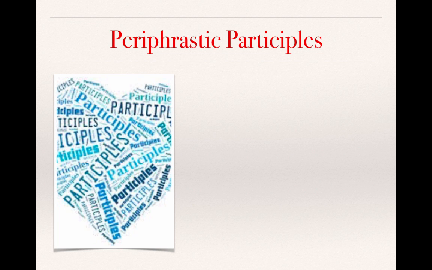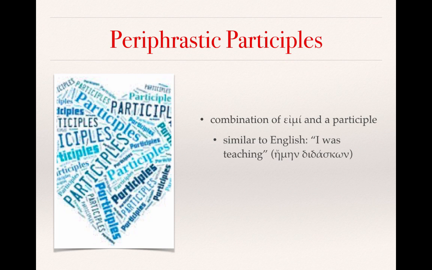All right, so the first addition to the use of participles concerns the periphrastic use, or what are known as periphrastic participles. Essentially, these are the combination of eimi, the verb to be, and a participle. So they're very similar to what we would see in English as I was teaching. In Greek, we might say een didaskon.